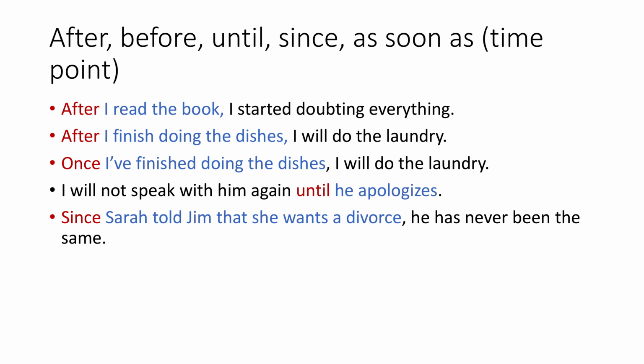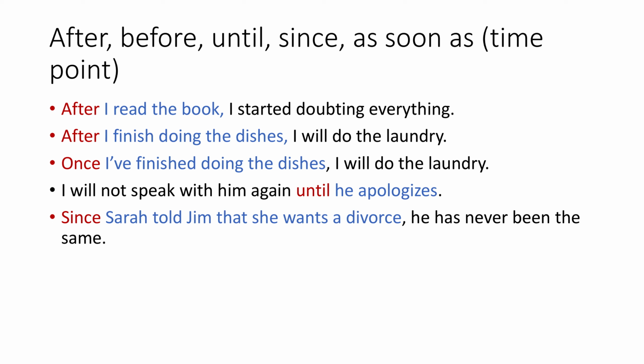Since is very similar to until, but it's the opposite of until, and it just indicates the starting point of the action or the state of the verb in the main clause. Here, the main clause has this state, has never been the same. So never being the same starts right at the moment of the action or the state of the dependent or adverbial clause.